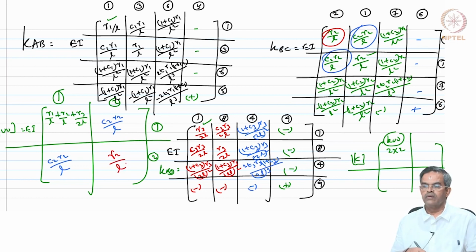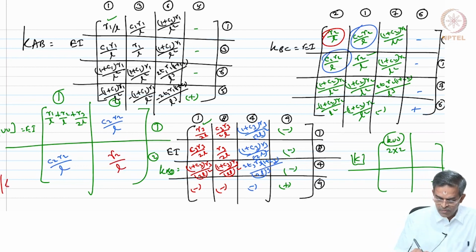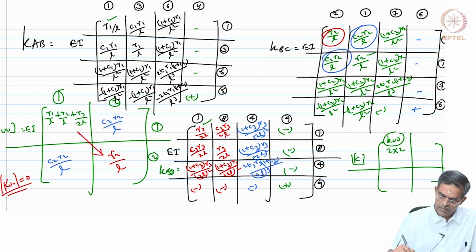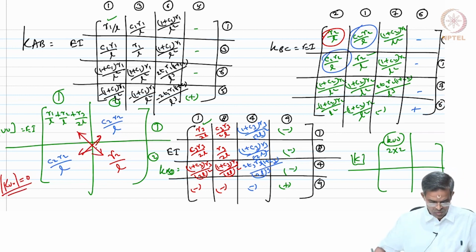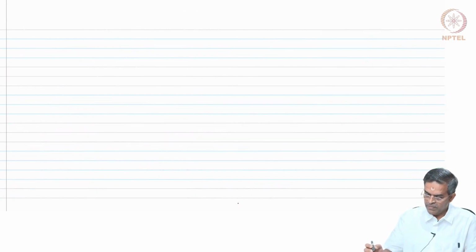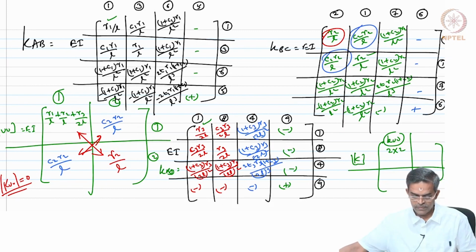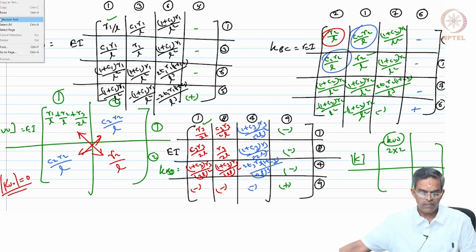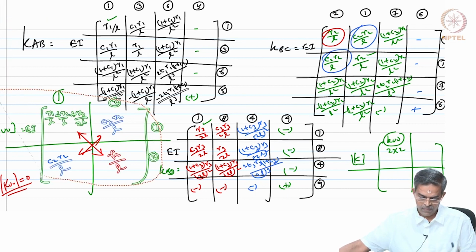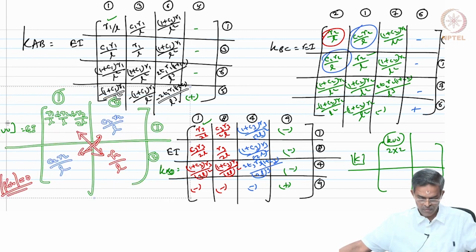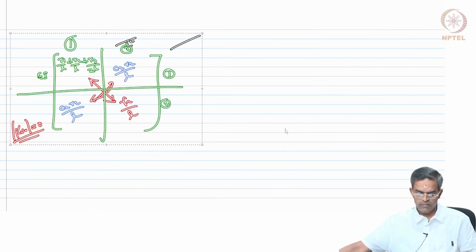Right. I should set this determinant to 0. So let us multiply this and minus of this. Let us do that. So I can write that, which will be, I will copy this matrix. Let me put it here.